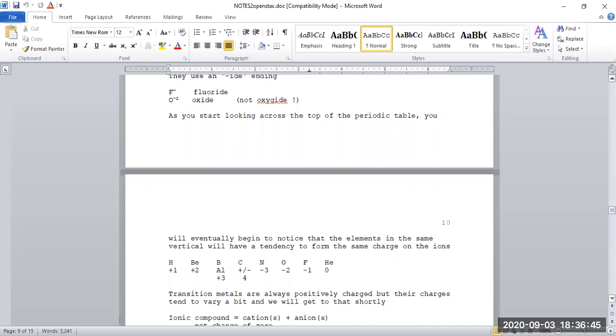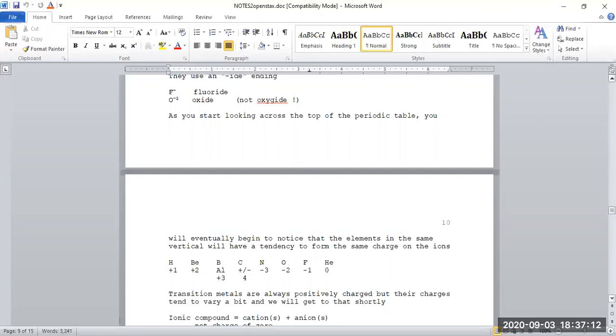Carbon, silicon, and sometimes the stuff below that like to be 4s, but sometimes it's +4 and sometimes it's -4. It really has to do with who they are sharing their electrons with. Nitrogen, phosphorus, and sometimes the stuff below that like to be -3s.